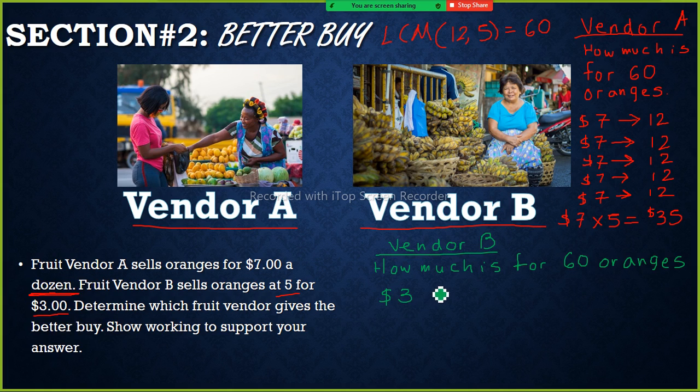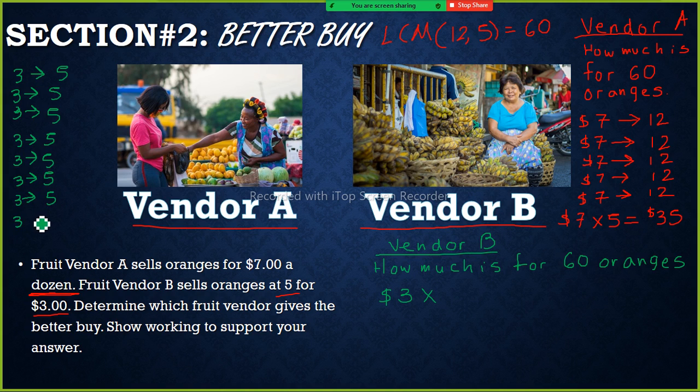Remember for vendor B, $3 is for 5. Then you need another $3, that's gonna give us 10. Then another $3, 15. Another $3, 20. Another $3, 25. Another $3, 30. Another $3, 35.